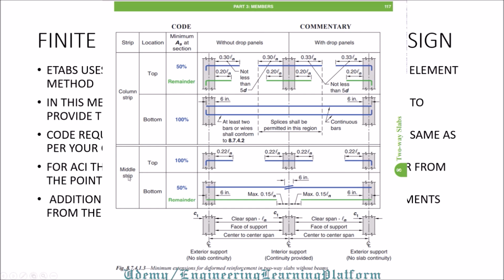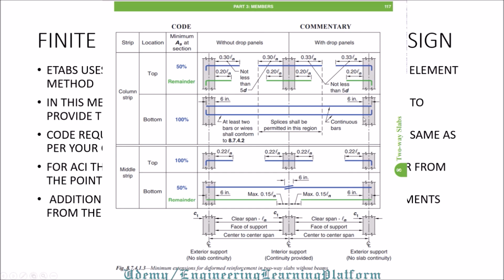However, for the middle strip, if you are using the strip method, as we already covered in our Etabs Udemy course lecture 27, we can have discontinuity in the bottom reinforcement in order to save cost. The discontinuity in the reinforcement is provided to have a cost efficient slab design.